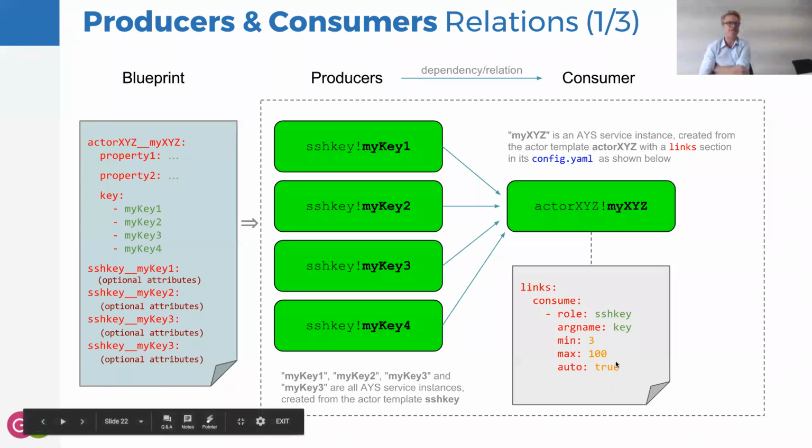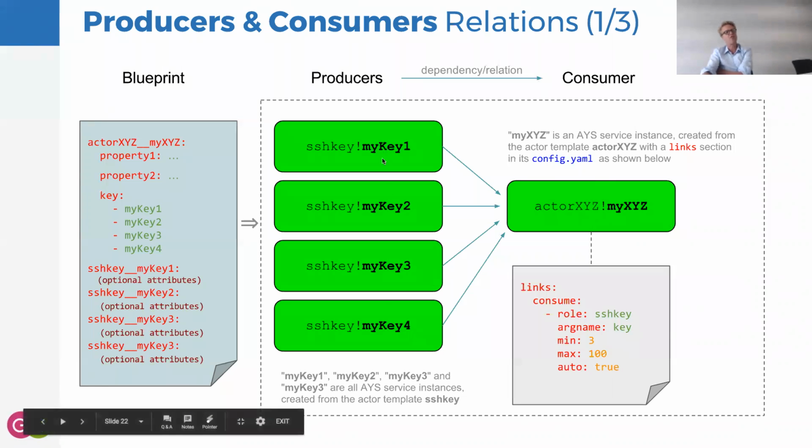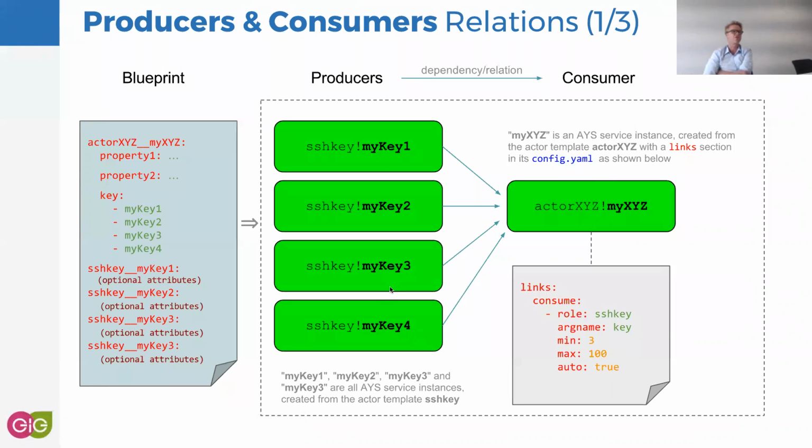What does it say basically? Whenever you spin off this service, it will require at least 3, and here you see 4, at least 3 instances of that service.